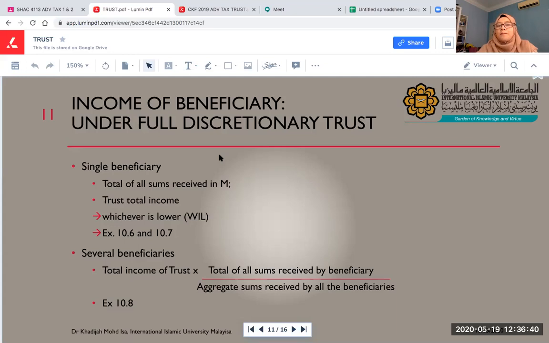Then you compare that with the trust's total income. Whichever is lower, that would be the statutory income of the beneficiary. Again, kalau there's a single beneficiary, you have to compare how much is actually received dengan how much is the total income. So let's look at examples 10.6 and 10.7.